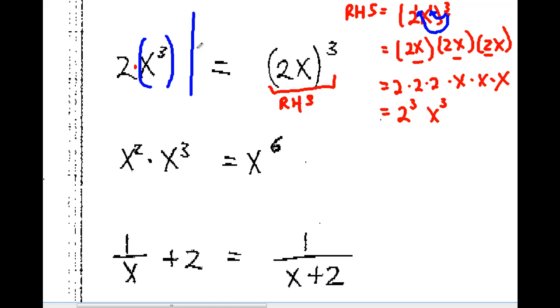Now, once again, order of operation says: parenthesis, exponent, multiply, divide, add and subtract. By this order, exponential is a lot higher.